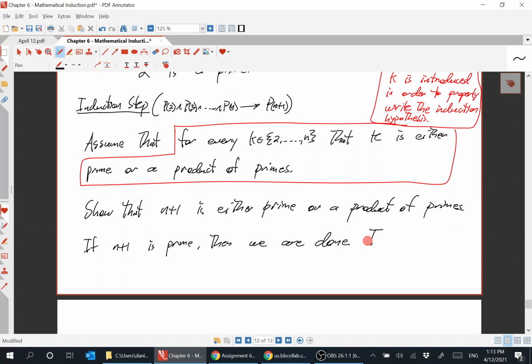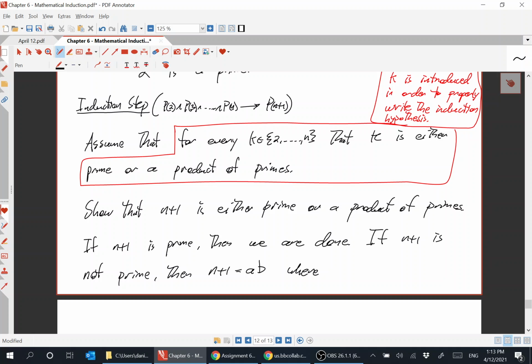Okay, if n plus 1 is not prime, then n plus 1 must be equal to A times B. A number that's not prime, you can break it into a product. It's divisible by something other than 1 or itself.